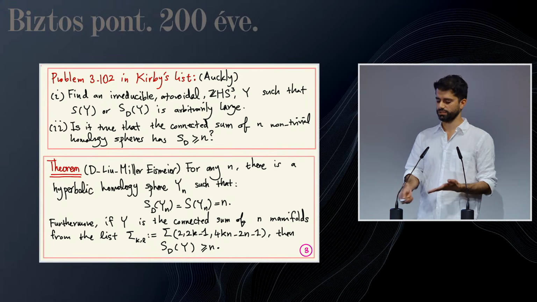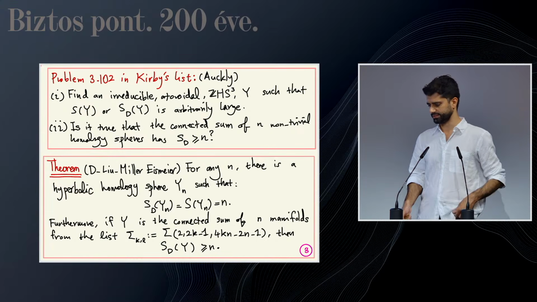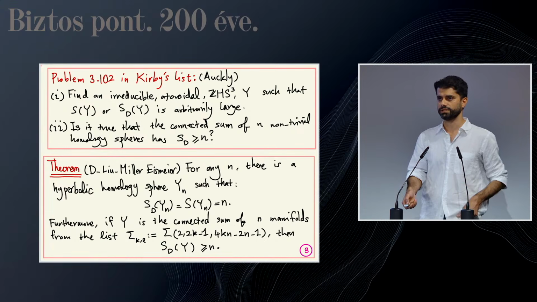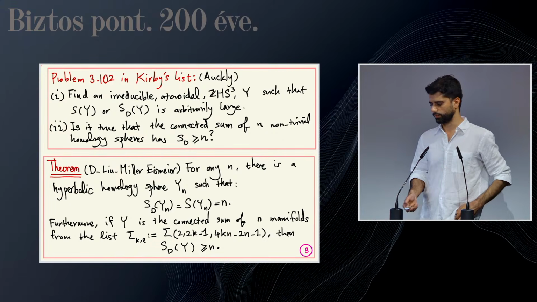You take n such guys, they don't have to be the same, and you take the connected sum, then their surgery number, in fact, turns out to be exactly equal to n.